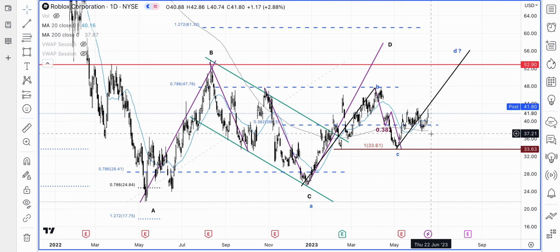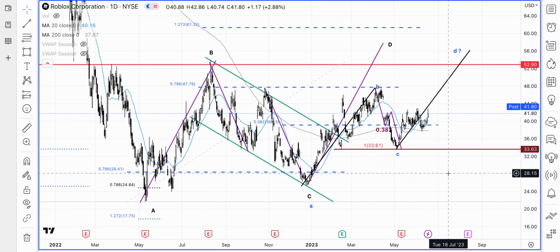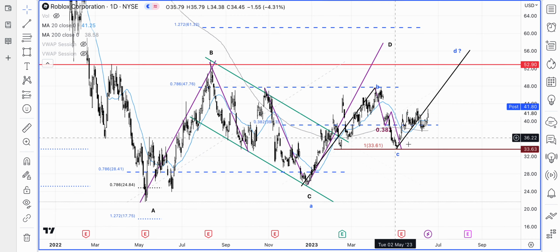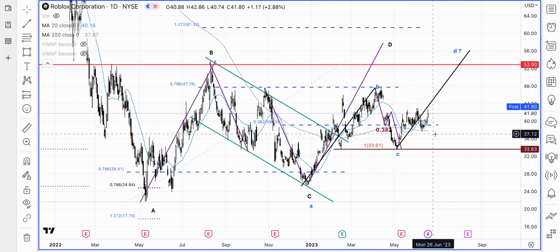But what we really want to see is the gap between these two averages getting bigger, because that means the shorter-term momentum is pushing the 20-day moving average higher, because the price is moving higher quite rapidly. We have yet to see that, but it's good to see that it's hovering around this level, which is also a positive development.